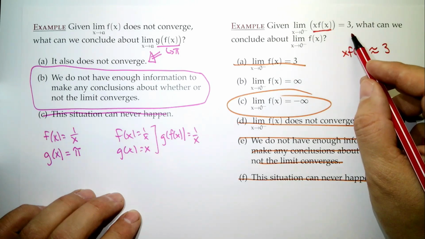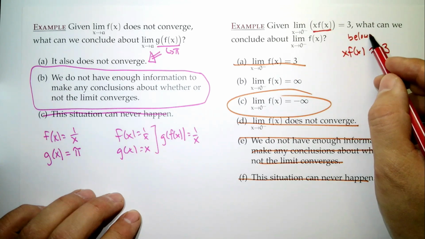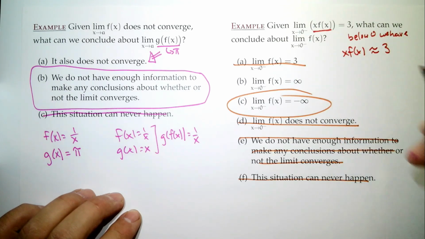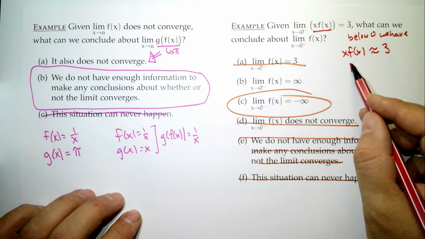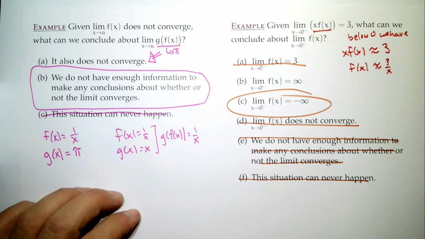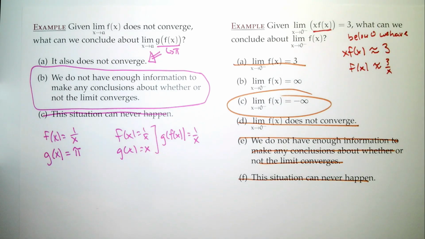So just below 0, x times f of x is about 3. So that tells us that f of x is about 3 over x. So that's how it's behaving just below 0. We're not saying that f of x is 3 over x, but we're saying it's very close to it. So if I can understand 3 over x, I can understand f of x.